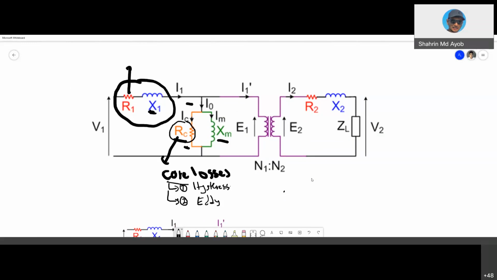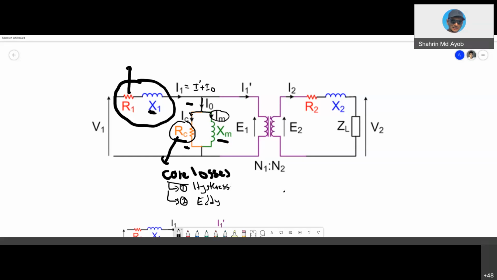And then we have E1, the voltage induced. As you can see, we have I1 and I1 prime, where I1 equals I1 prime plus I0. This I0 is divided into IC and IM. IM is the magnetization current, and IC is the current that, when you multiply I squared R, represents the losses of the core.